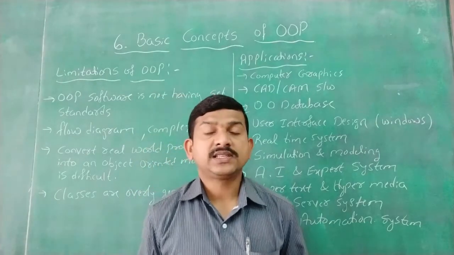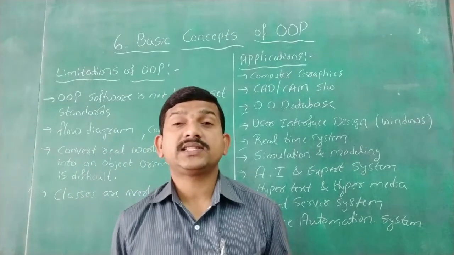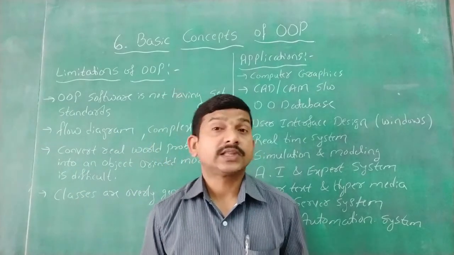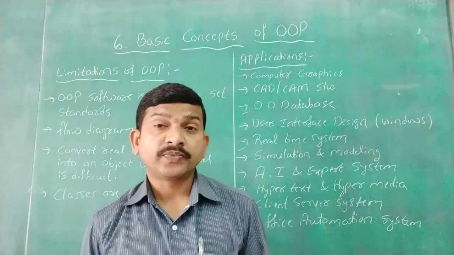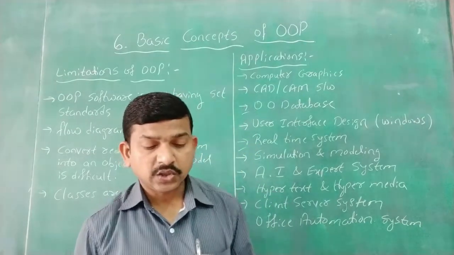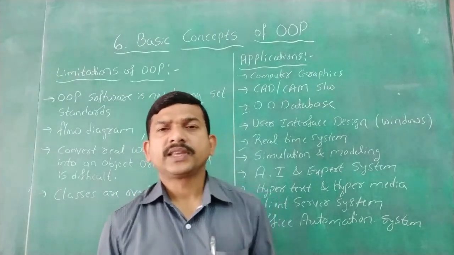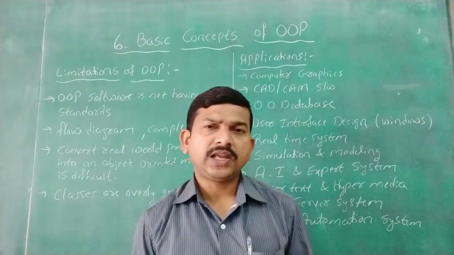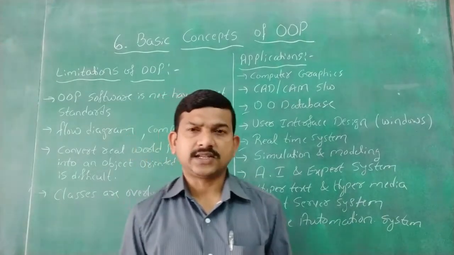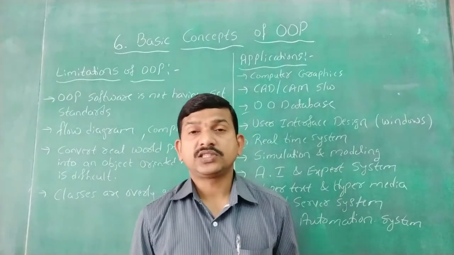Then we discussed some of the very important characteristics of OOP, or the basic concepts of OOP. In that, what have we discussed? Object, class, polymorphism, inheritance, dynamic binding, message passing, etc. Those all we have discussed in the basic concept of OOP.